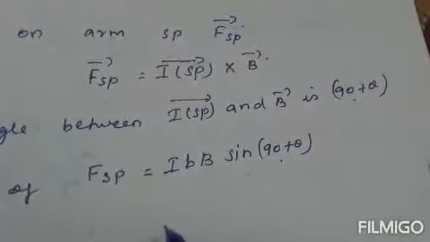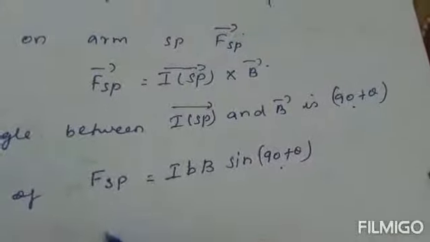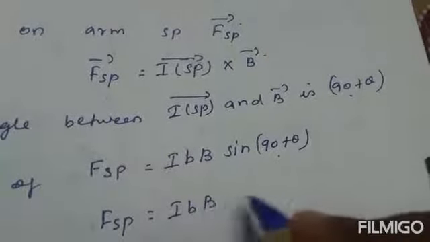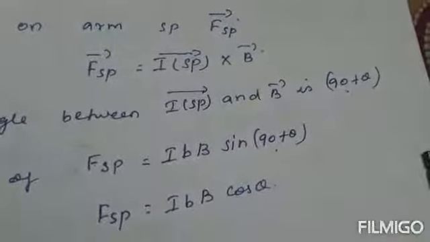What is sine(90 plus theta)? Again cos theta. So I B B cos theta.